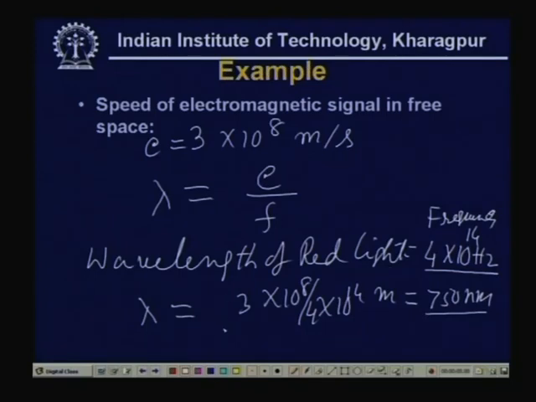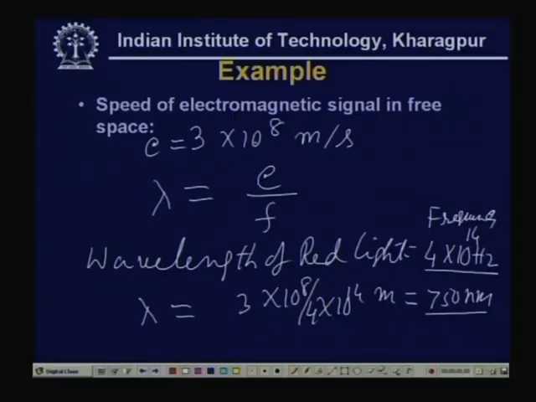This is how the speed and frequency can be correlated, and this is the speed in free space. Obviously, whenever it is sent through some guided media, as we shall see, the speed will be smaller, say equal to 2 into 10 to the power 8 meter per second.